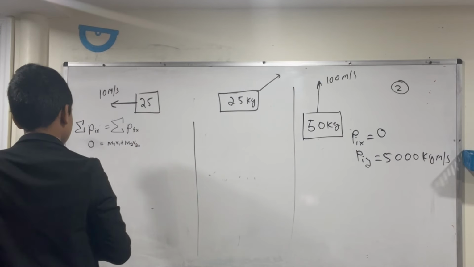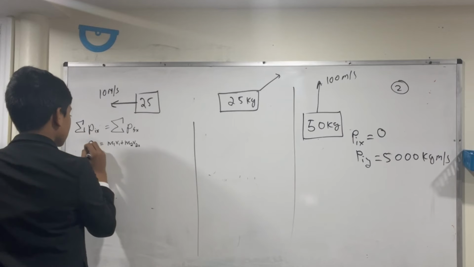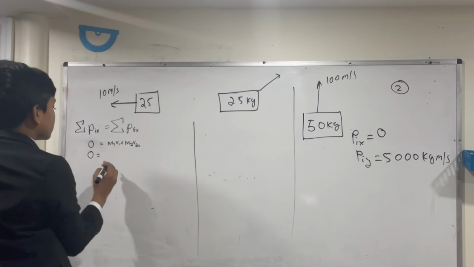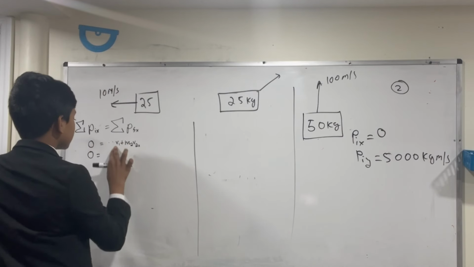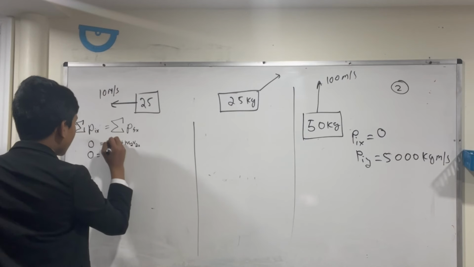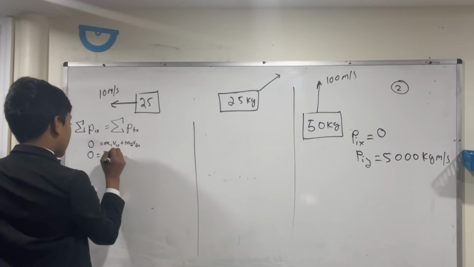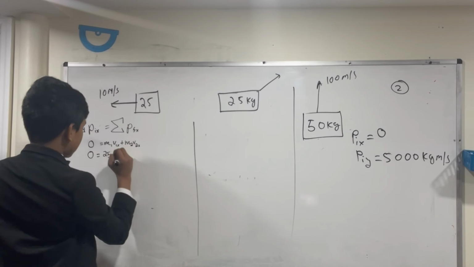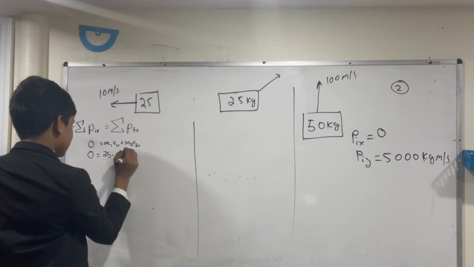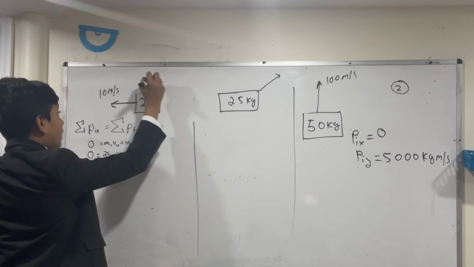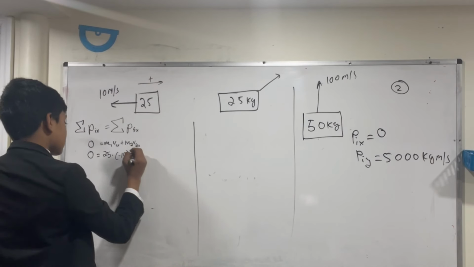So 0 is equal to M1 V1x, which is 25 going at a velocity of minus 10 in the x direction. Remember, this side is positive.